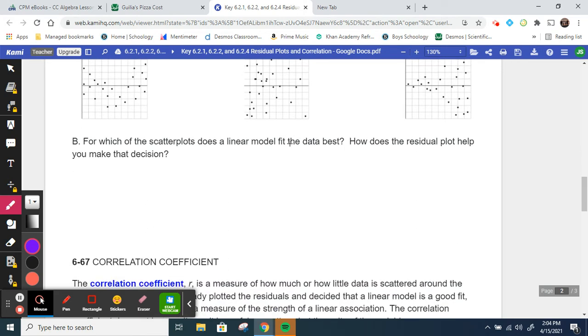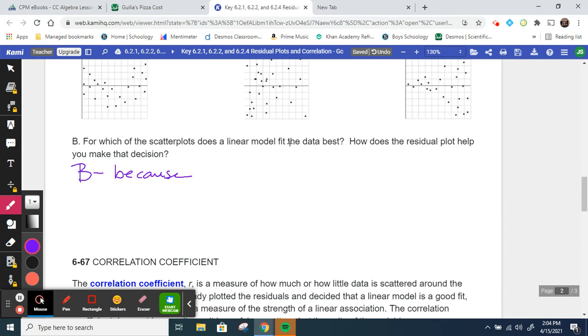So we would say here that B, and the reason is because if you have lots of points all over the place, the sum of the residuals adds up to be about 0, and that means you have a good LSRL.